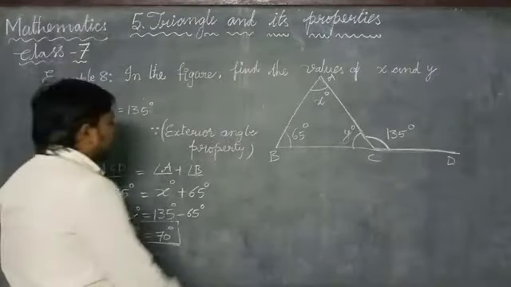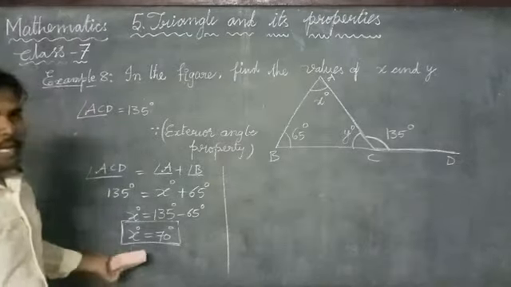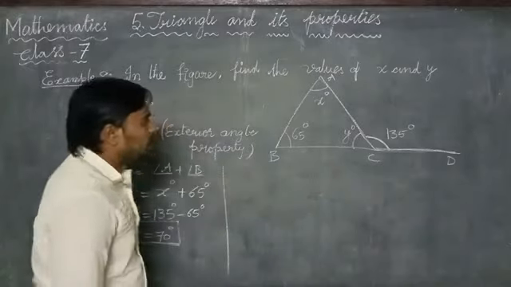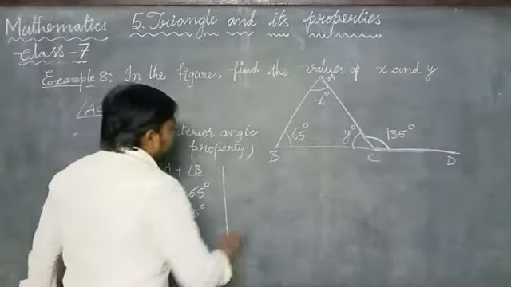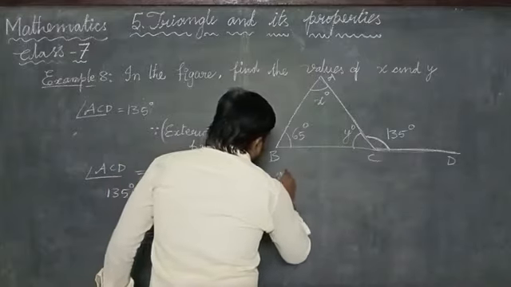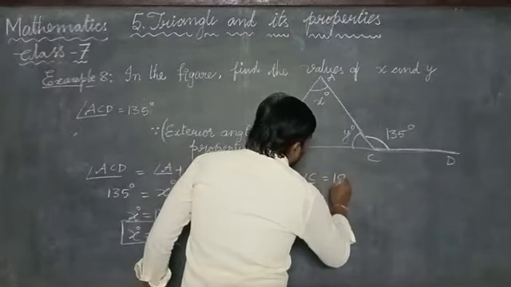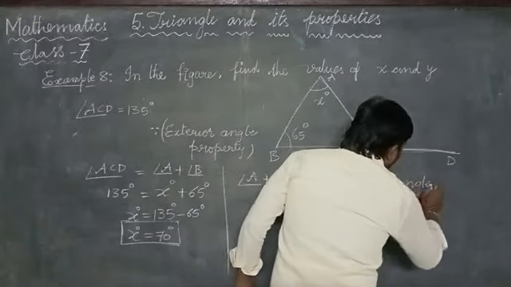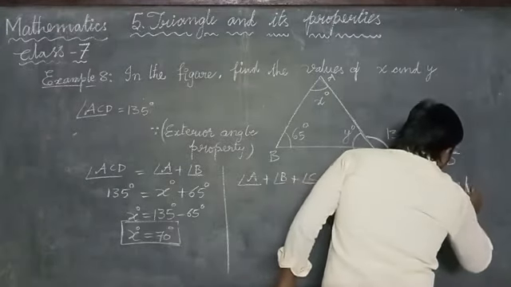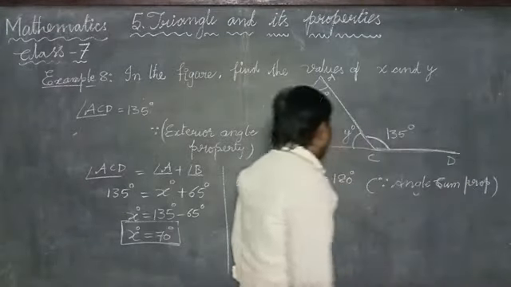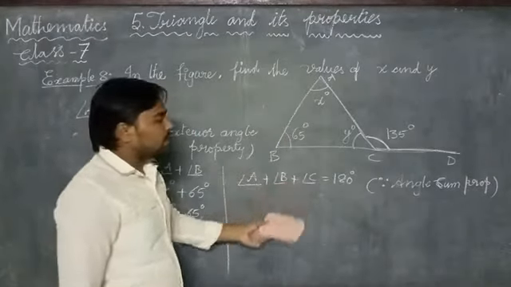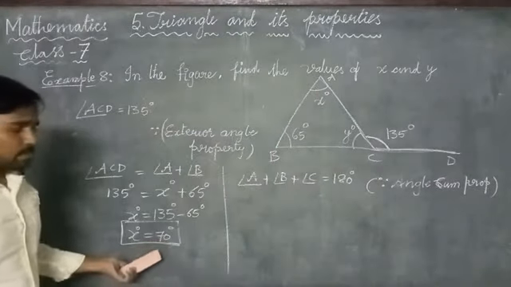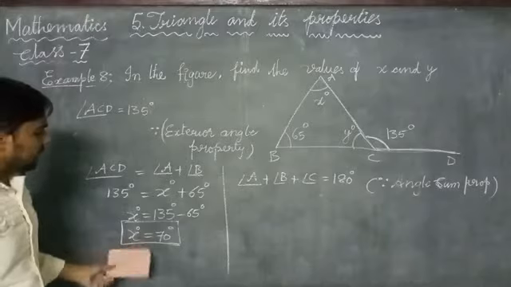Now let us find the y. After finding the x value, we can find the y value very easily with the help of the angle sum property of a triangle. Angle A plus angle B plus angle C equals 180 degrees. The sum of all angles of a triangle is 180 degrees. Here angle A, nothing but x, equals 70 degrees.